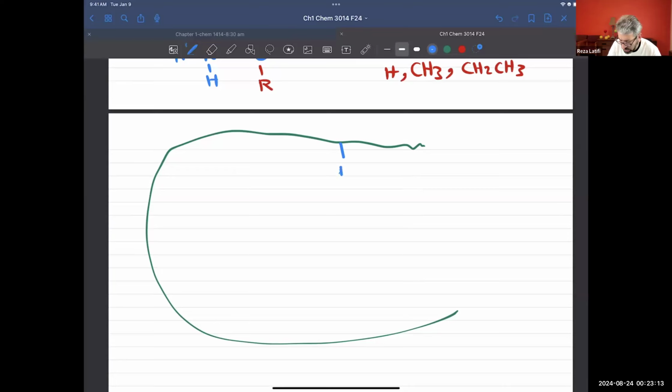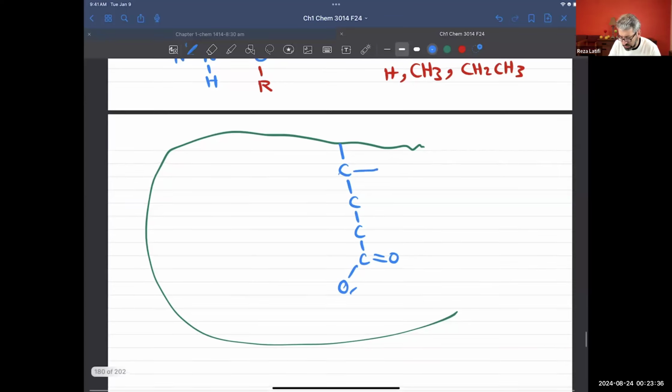Let's say this is the amino acid. So we have a carbon, and then a carbon here. Next, we have C attached to O, and then O here.